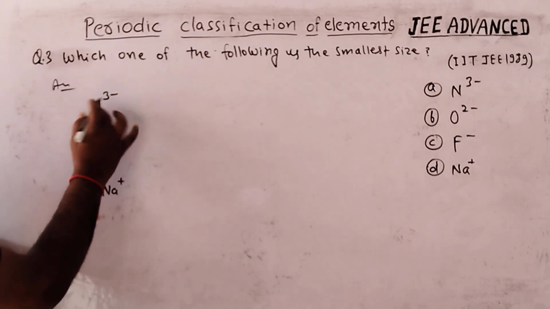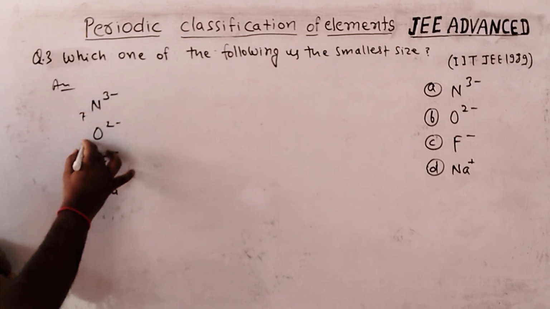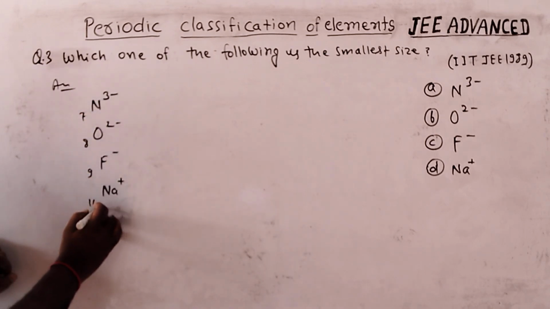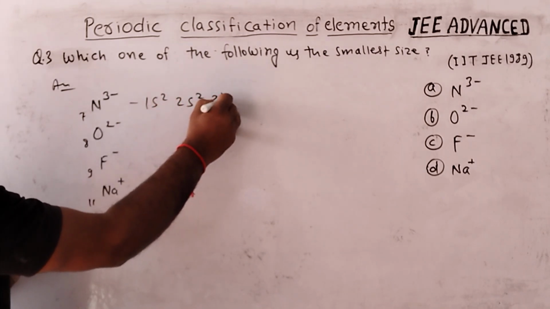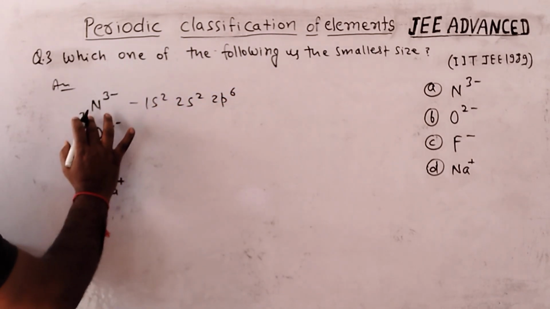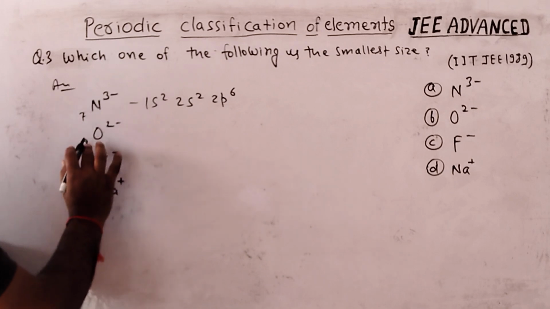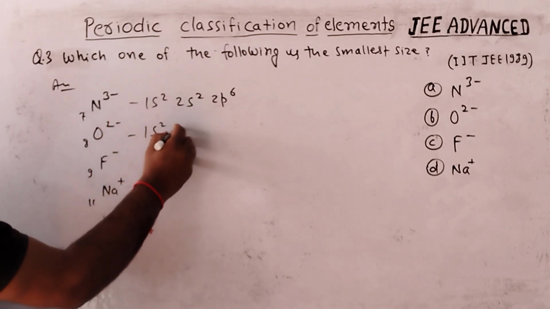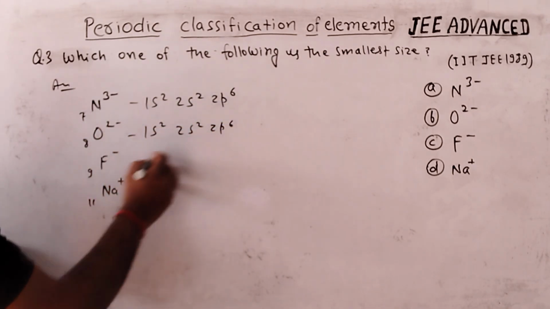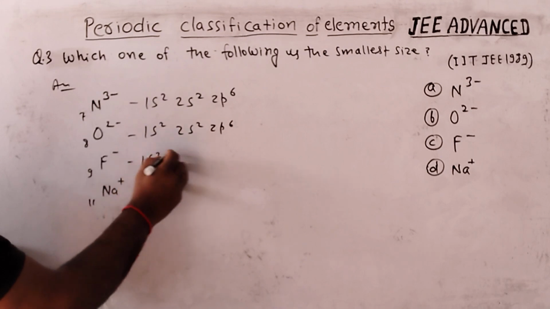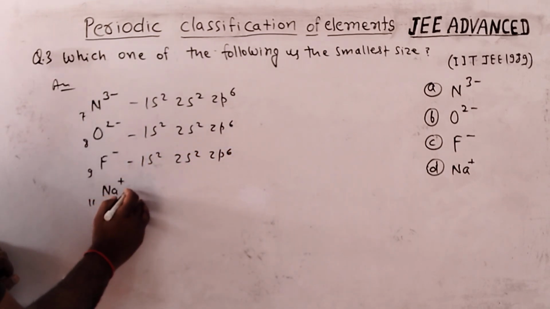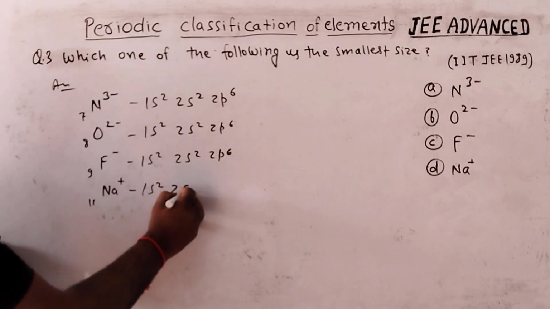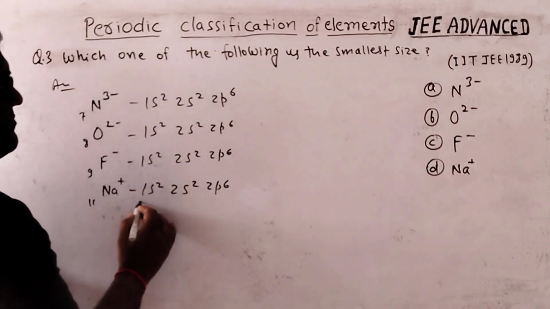So their atomic numbers are 7, 8, 9 and 11. Electronic configuration 1s2, 2s2 and 2p6. Here electrons are 7 plus 3 is 10. Here 8 plus 2 is 10. Here 9 plus 1 is 10. Here 11 minus 1 is 10. All are 1s2, 2s2 and 2p6.